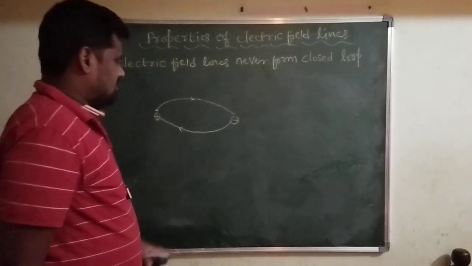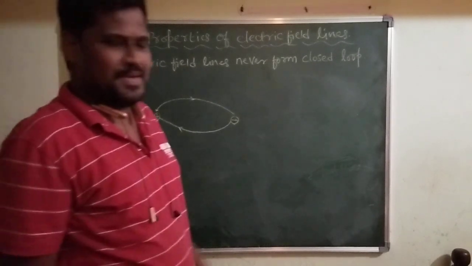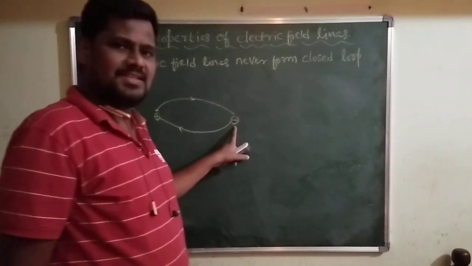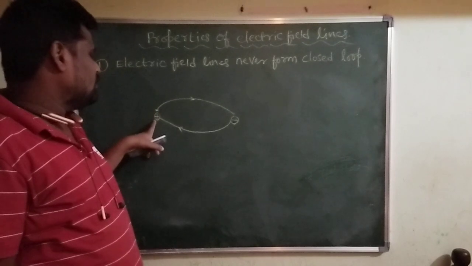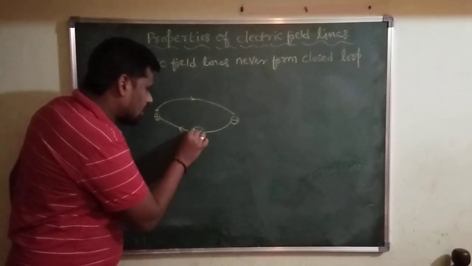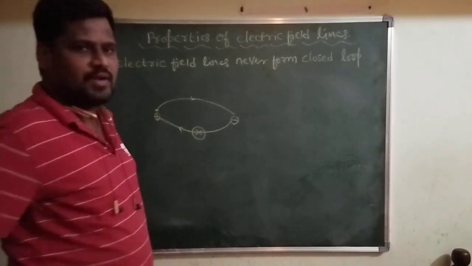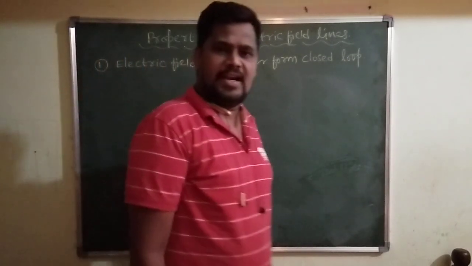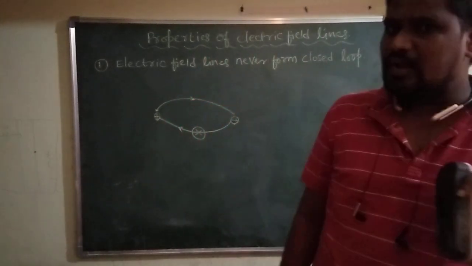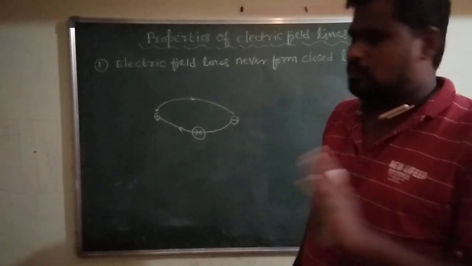But electric field lines never start from negative charge and end with what? Positive charge. This is not possible for electric field lines. If this is not possible, it indicates that electric field lines never form closed loop.